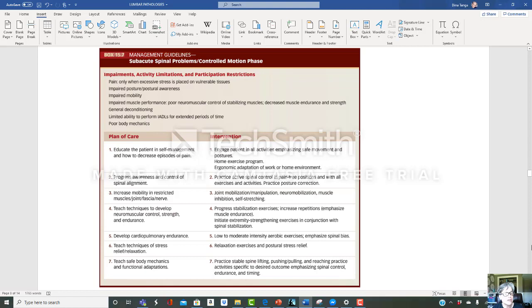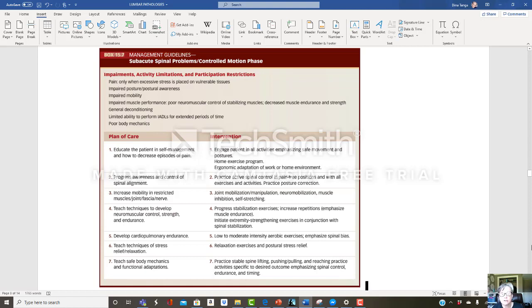Plan of care: educate the patient in self-management and how to decrease episodes of pain by engaging the patient in all activities, emphasizing safe movement and postures, develop a home exercise program, teach ergonomic adaptation of work and home environment. Progress awareness and control of spinal alignment.